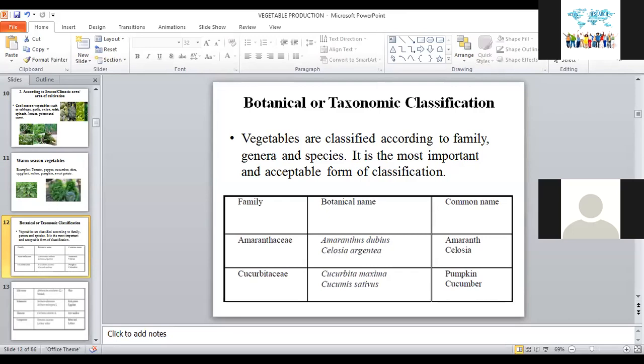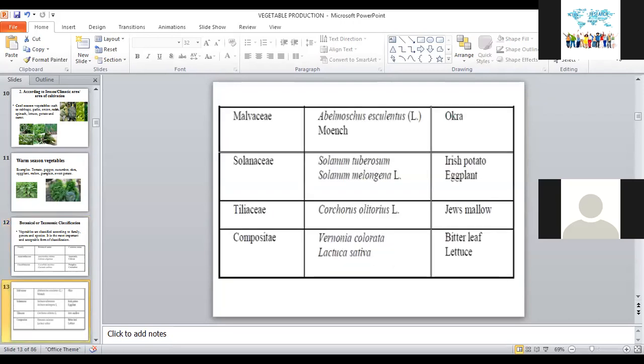We also look at the scientific name of such a vegetable. And here we give examples of families, then the scientific name, as well as the common names.